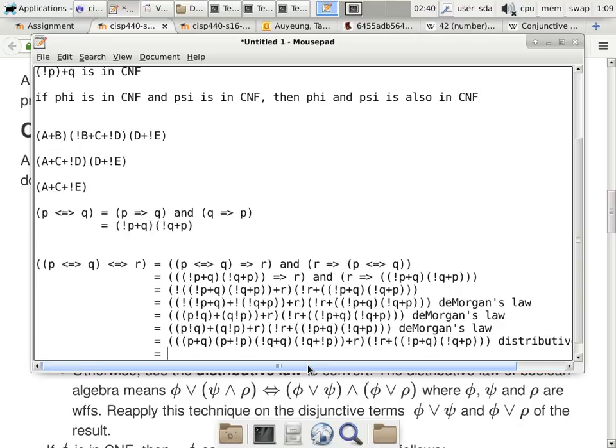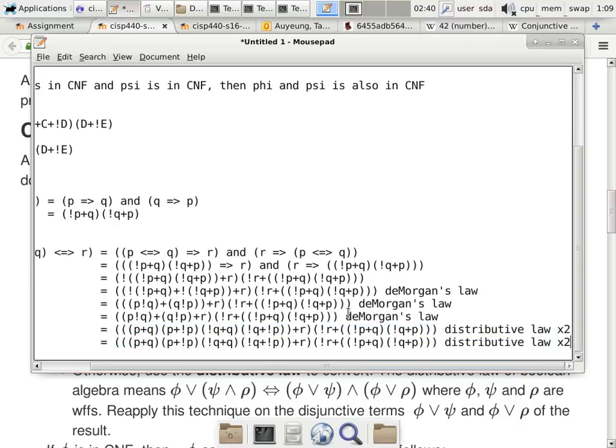All right, but as somebody already observed, there are things that can be simplified. So let's see what can be simplified here. This thing here. What is P or not P? Always true, because one of them has to be true and the other one has to be false, because they're negations of each other. But in a disjunction, if at least one side is true, the whole thing is true.